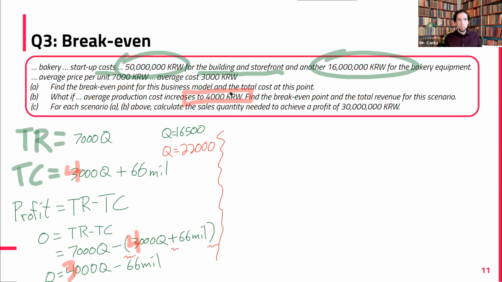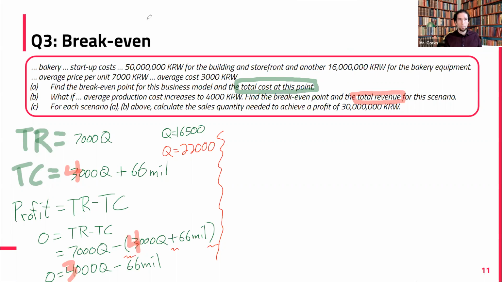And then each of these, there was just a little bit extra on these. Okay, so find our Q value, and then with that Q value, find out what's the total cost at the break-even points. And for question B as well, find out what the total revenue is at the break-even point.